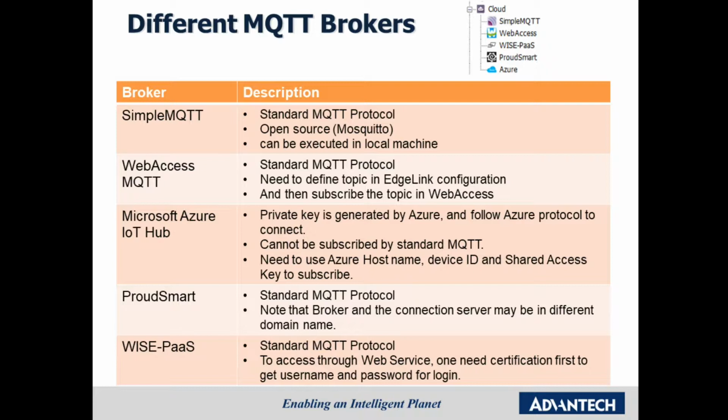The difference between the brokers is the packet payload, and it determines whether each cloud engine can parse the payload or not. We support all these payloads, and users can choose according to their requirements. iRTU EdgeLink supports standard MQTT versions 3.1.1 and 3.1.